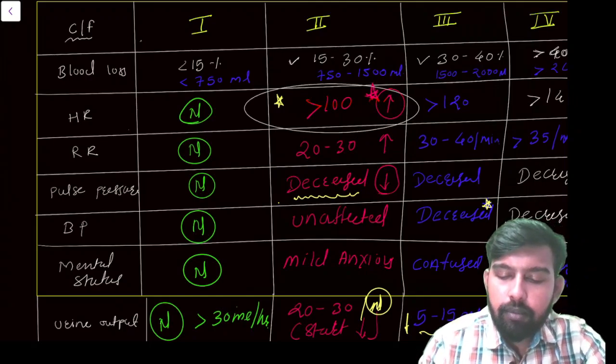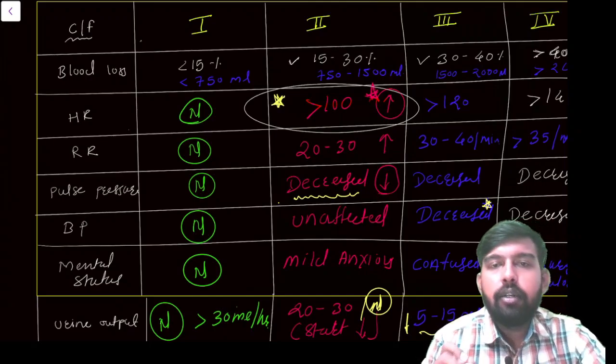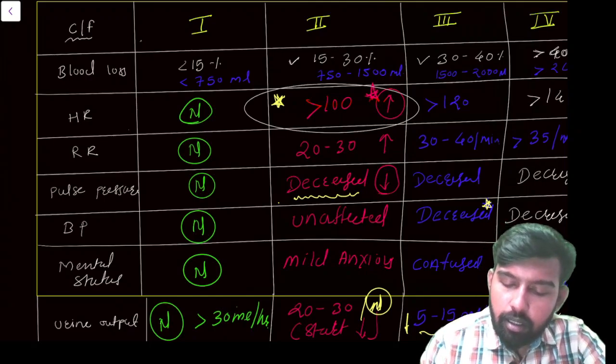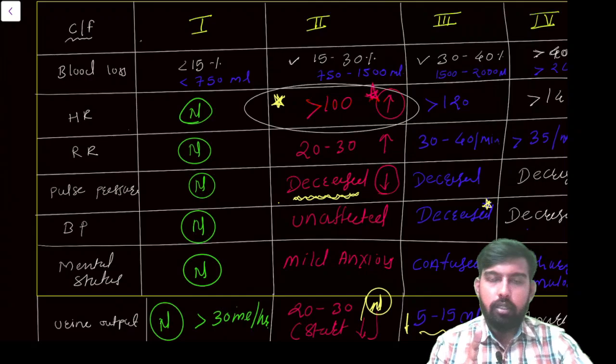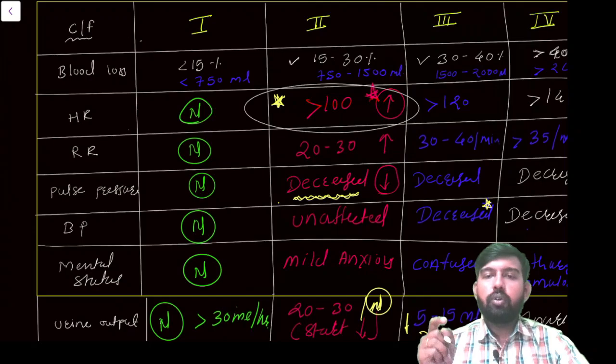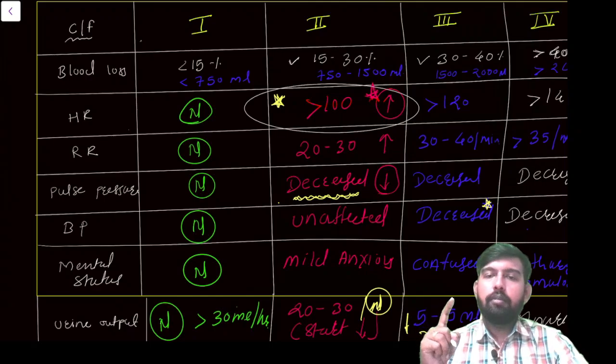So remember that there is a tachycardia during the class 2 shock, and there is a decrease in the pulse pressure. Why is the pulse pressure decreased? This is because of the compensatory mechanism. The body tries to divert the blood from skin, muscle, and the GIT towards the vital organs.